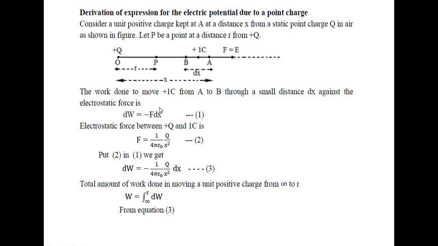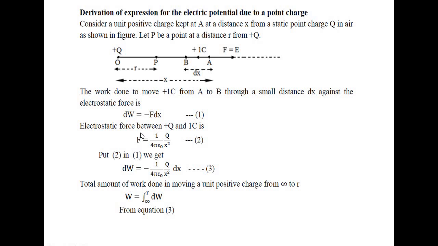Here displacement is dx. What is the electric force between these two charges? We can find out by using Coulomb's law. F is equal to 1 by 4 pi epsilon naught q1 q2 by the distance. Q1 means this charge, q2 means 1 coulomb. So q into 1 means q, divided by the distance x, so x square.